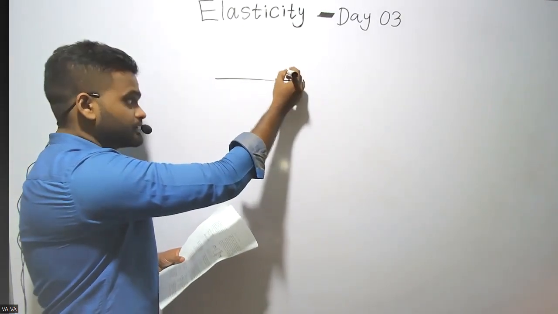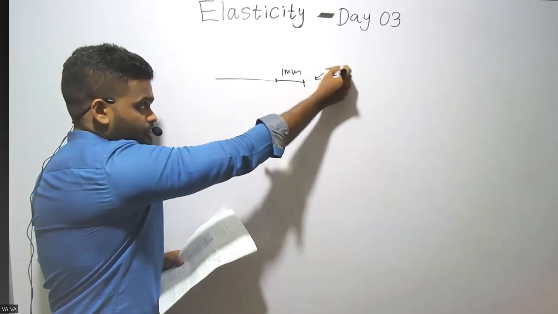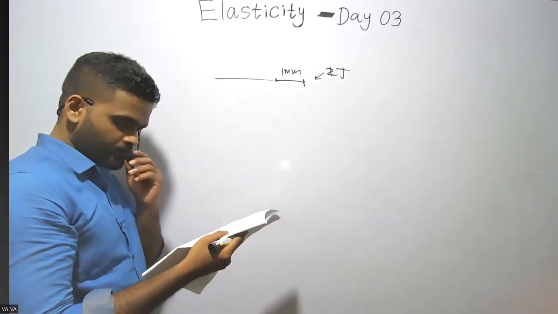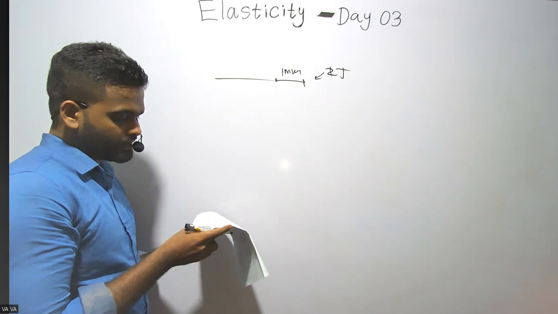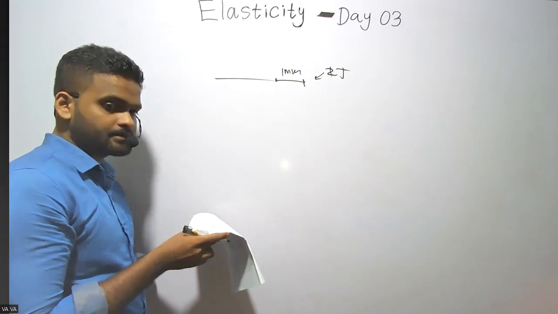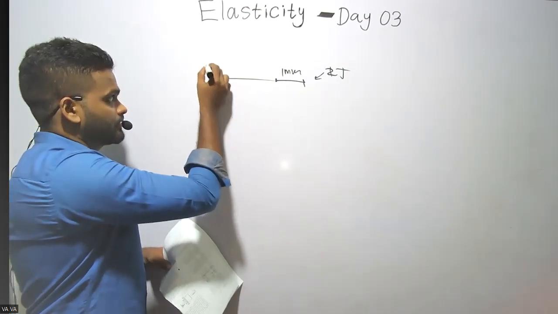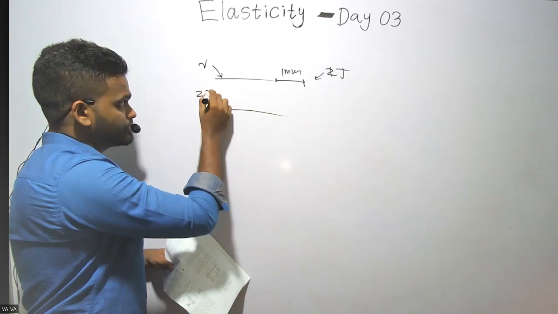So extension is 1 millimeter, and the work required is 2 joules. What is the work required to extend another wire made of the same metal but with twice the radius? Here the radius is R. For the other wire, the radius is 2R.